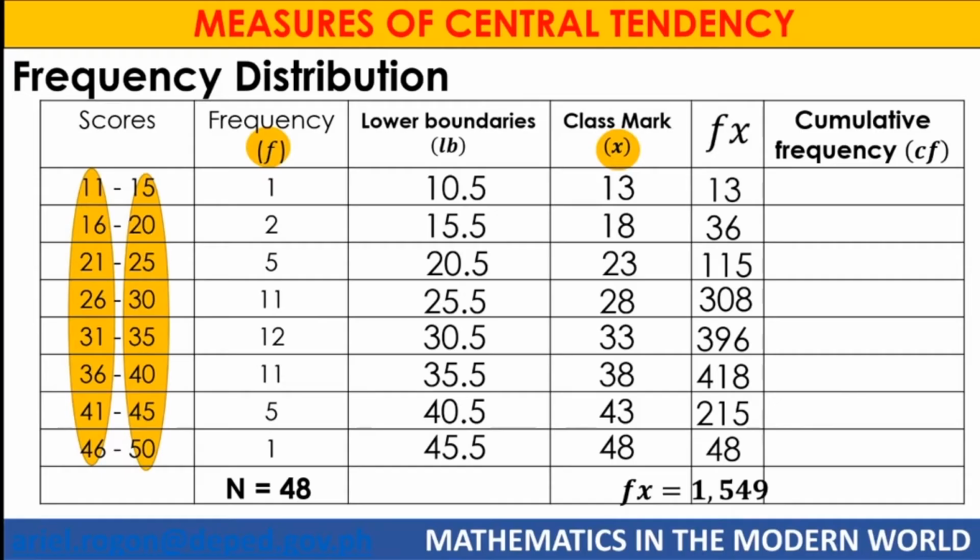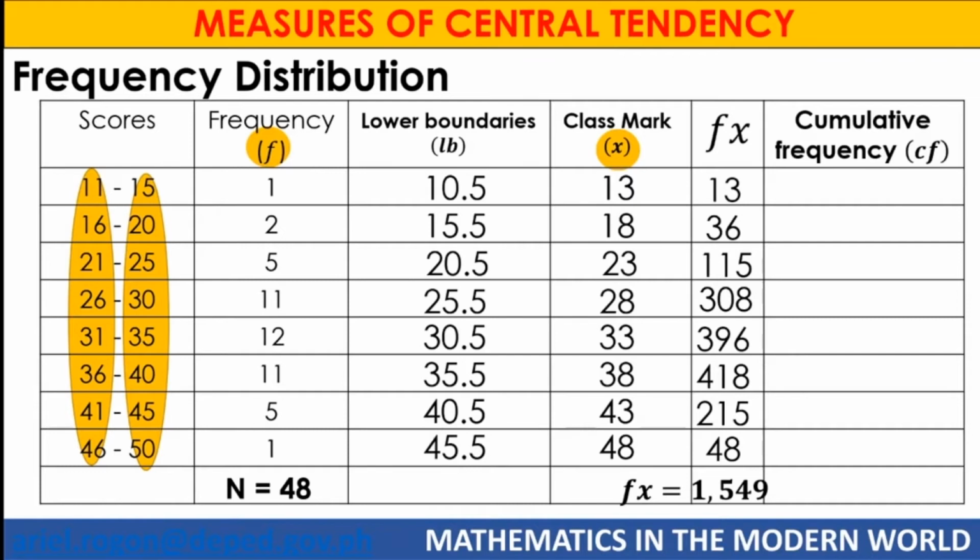Now, let us proceed with the cumulative frequency. How are we going to find the cumulative frequency? Now, in the cumulative frequency, we are going to focus also on the frequency. But first thing, what we're going to do, the first number in the cumulative frequency is just to copy the first frequency, wherein the first frequency is the 1.